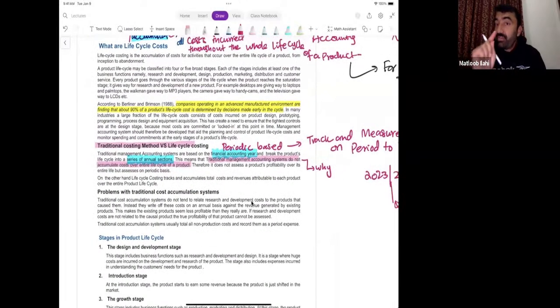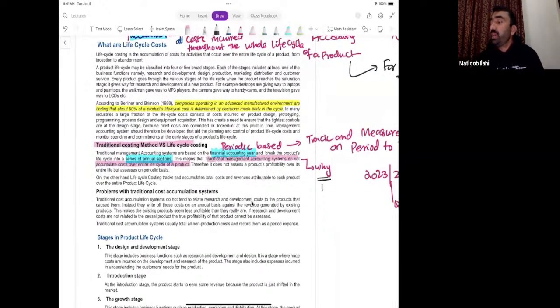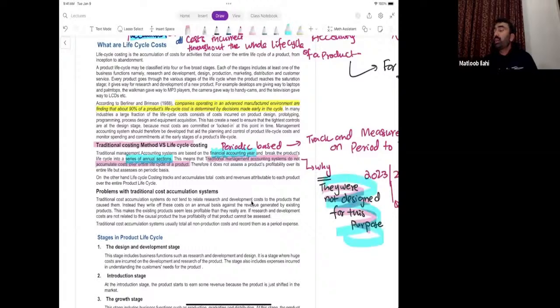Here is a very interesting answer: because they were not designed for this purpose. Very interesting point I have written for you, that traditional management accounting systems were not designed to capture cost over the entire life cycle. Rather, they were designed to capture cost on a period basis.